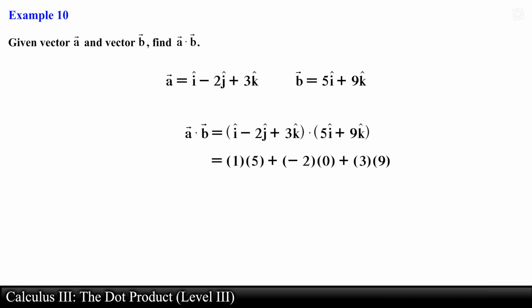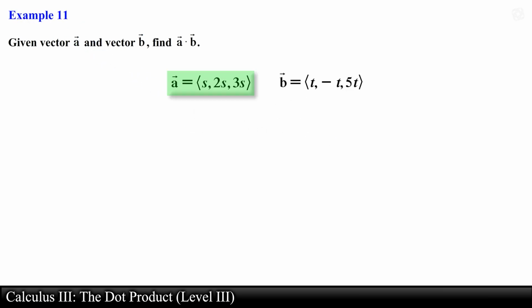In this case, we will multiply the coefficients of i hat together and then add this value to the product of the coefficients of j hat, and then add this value to the product of the coefficients of k hat. The first product simplifies to 5, the second product reduces to 0, and the third product simplifies to 27. Adding the expressions together, we obtain the final answer equal to 32. Alright, let's try a slightly more challenging example.